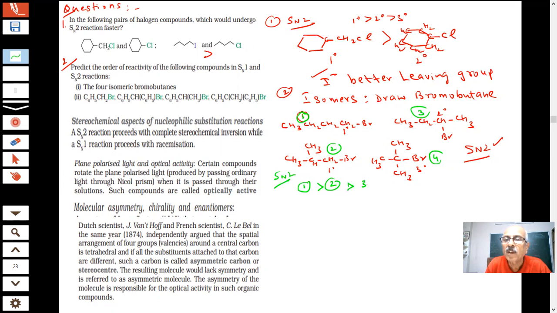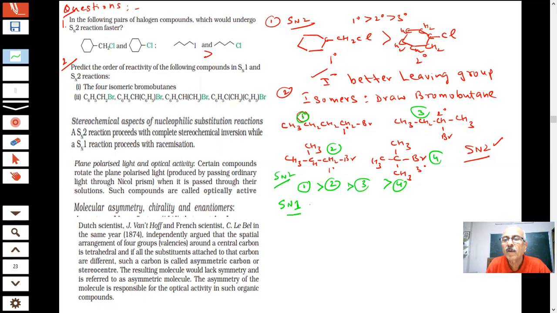After that is 4, the 3 degree, which is the most hindered. So the decreasing reactivity of SN2 is this order. Any doubt? And for SN1, the order will be reversed.